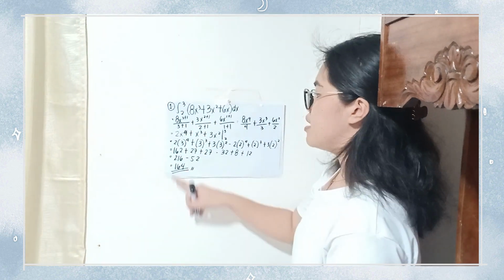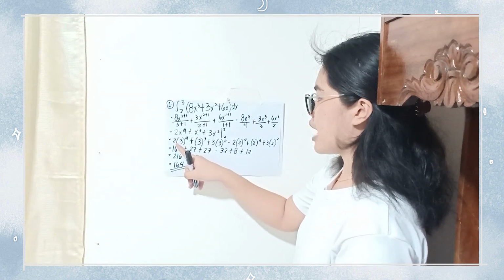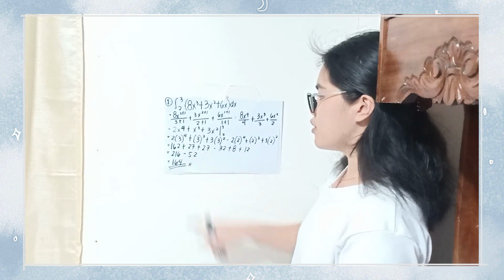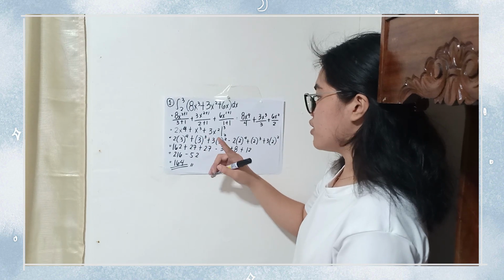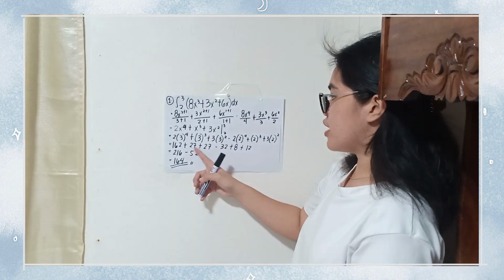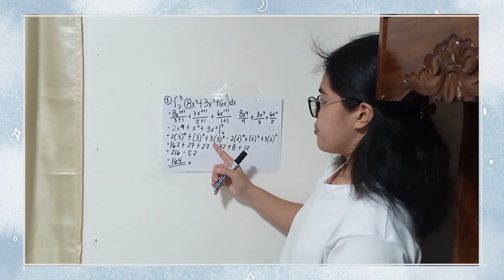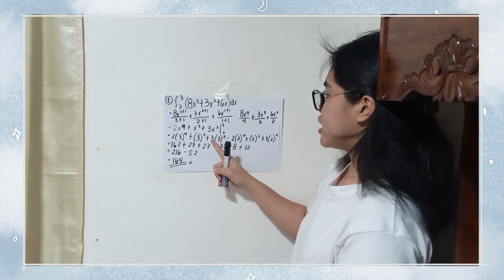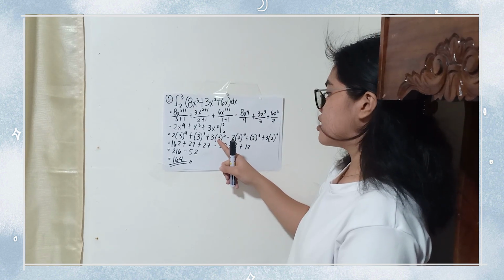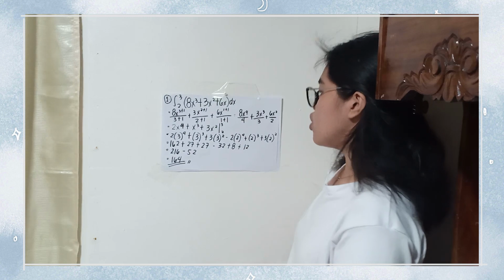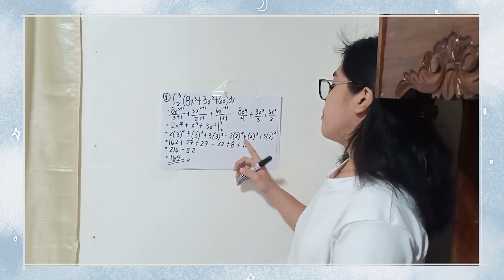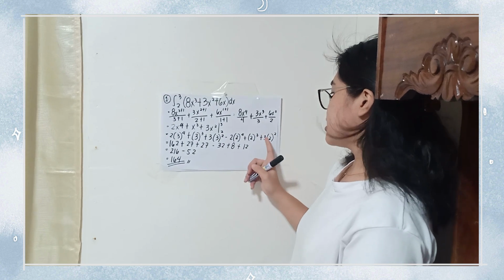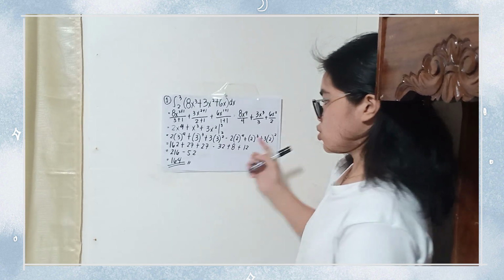So it will become 2 times 3 raised to the power of 4, which is 162, plus 3 raised to the power of 3, which is 27, plus 3 times 3 raised to the power of 2, and then minus 2 times 2 raised to the power of 4 plus 2 raised to 3 plus 3 times 2 raised to 2.